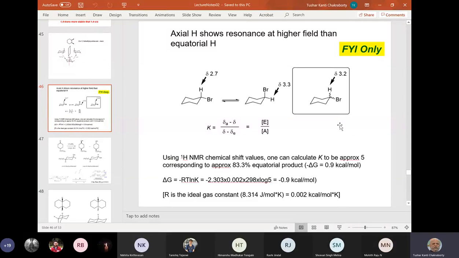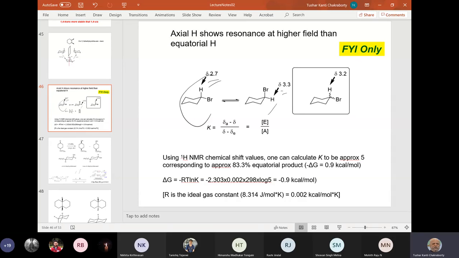Can you see? Yes, sir. You can see that if I had only this particular hydrogen, then it appears at 2.7. And if I had only the pure other one, then it has 3.3.